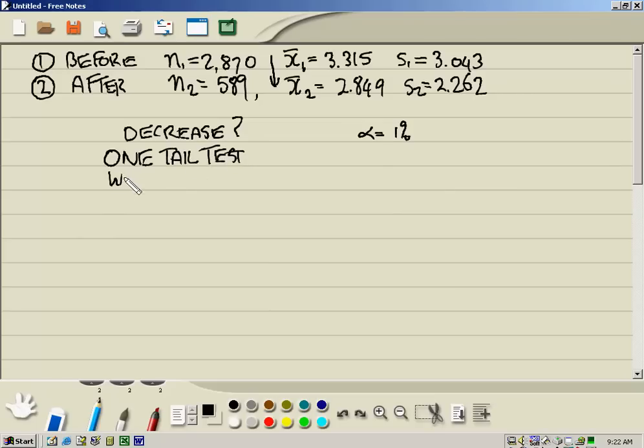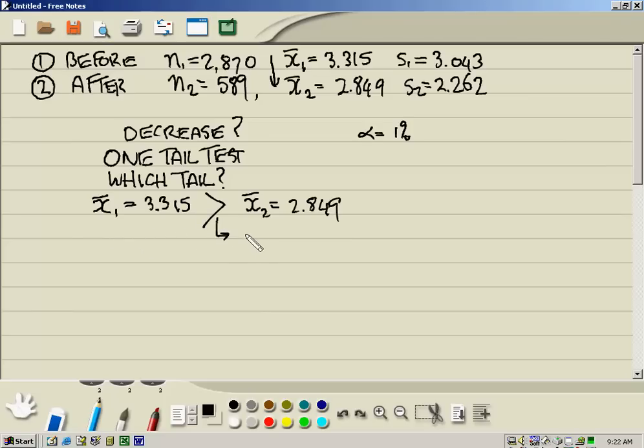Our next step is to ask the question, which tail? As with all two-sample tests, we compare the two sample values. In this case, x bar 1 of 3.315 is compared to x bar 2 of 2.849, and clearly x bar 1 is greater than x bar 2.